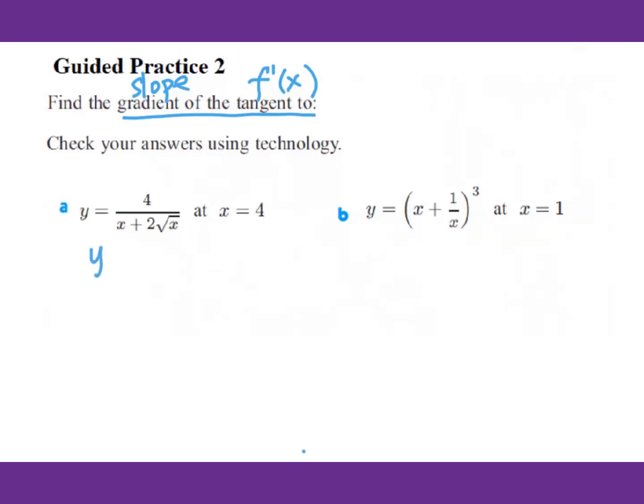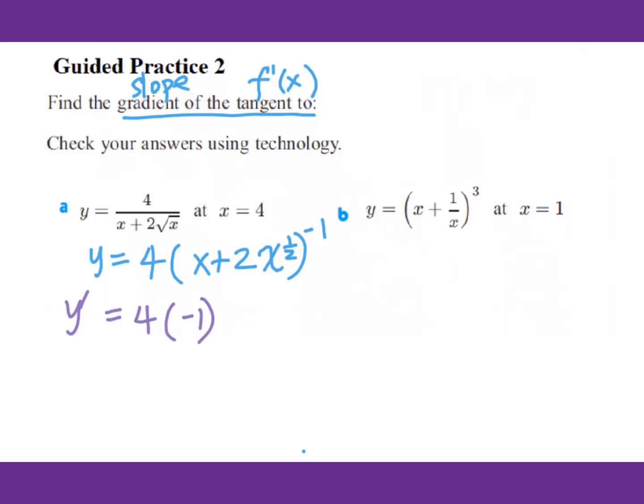Therefore, for A, I will write down y equals 4 times (x plus 2x to the 1/2 power) to the negative first power. Derivative for y equals 4 times negative 1 drop down.